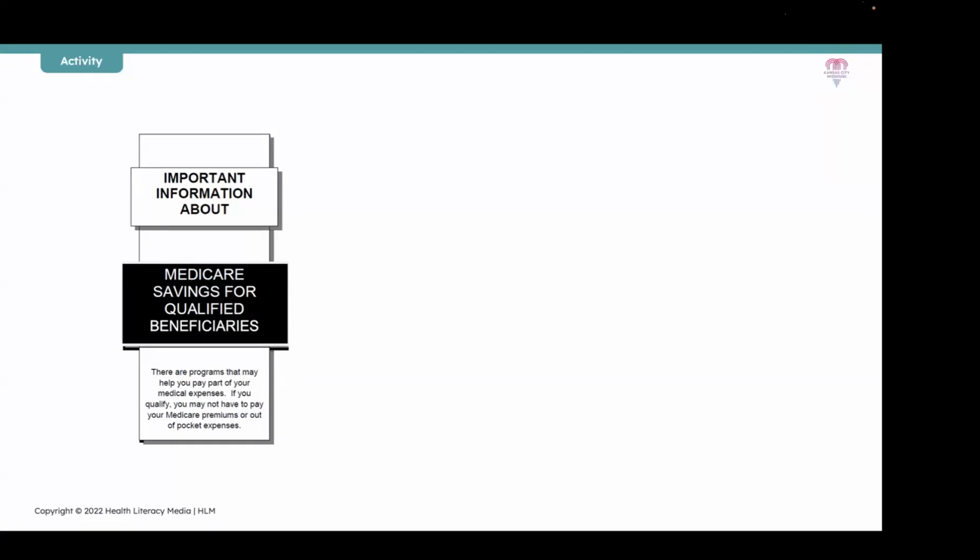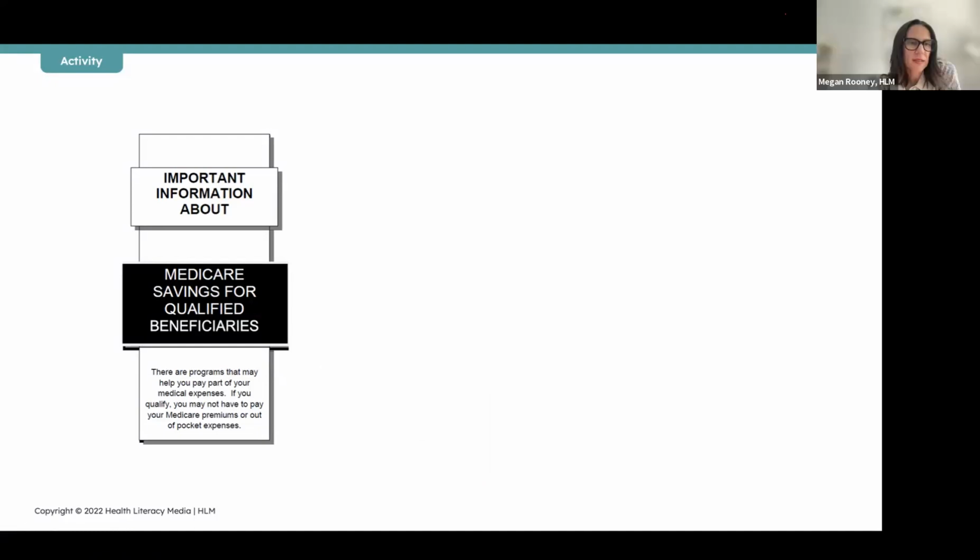This is Connie. It took me a few minutes to figure out what they were really trying to highlight here, even though they have the Medicare savings for qualified beneficiaries in the middle.